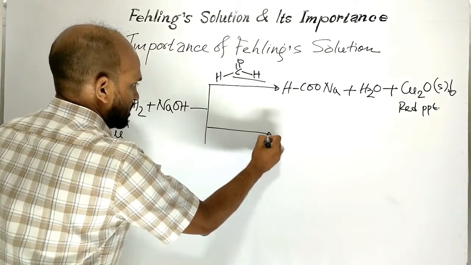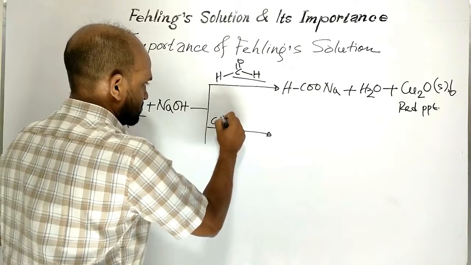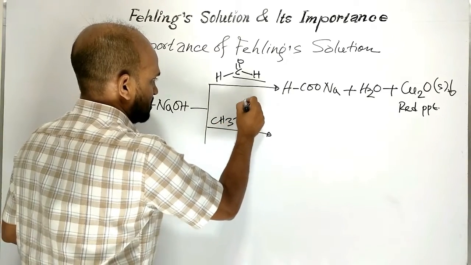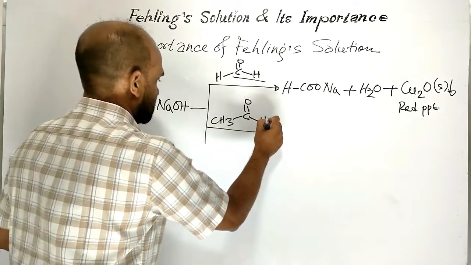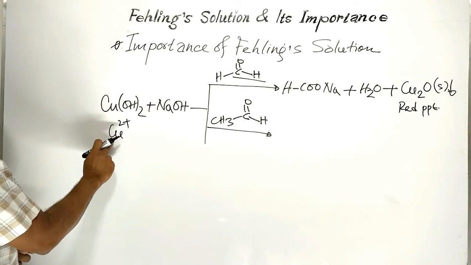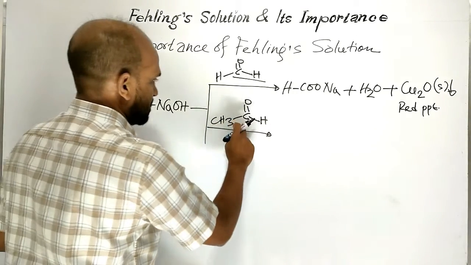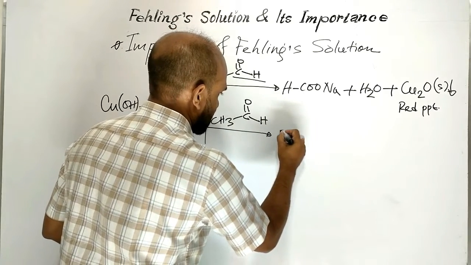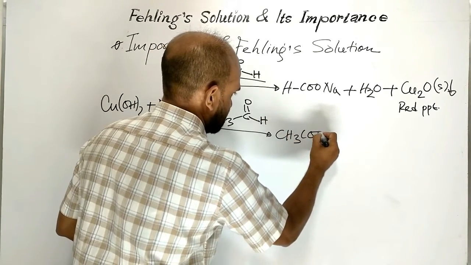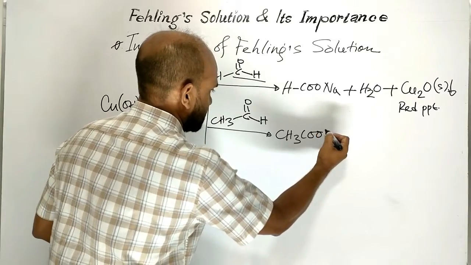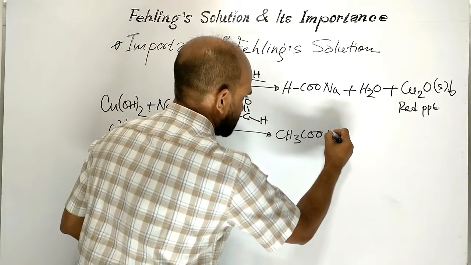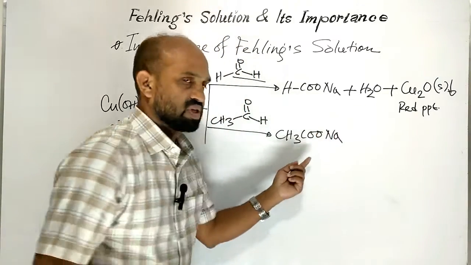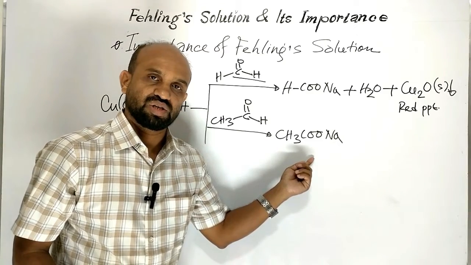Let's take another aldehyde, suppose ethanal. Here Fehling reagent oxidizes aldehyde ethanal to ethanoic acid that ultimately changes to sodium salt of ethanoic acid, sodium ethanoate.